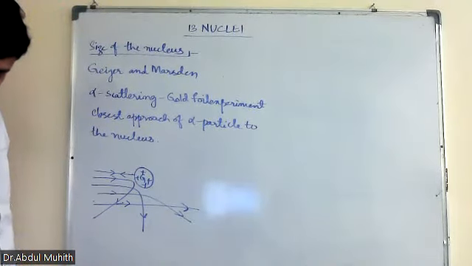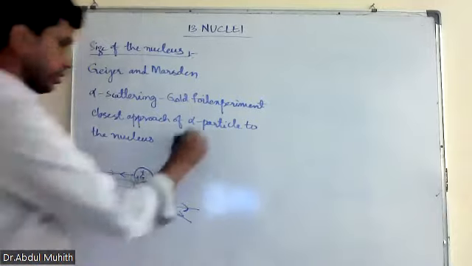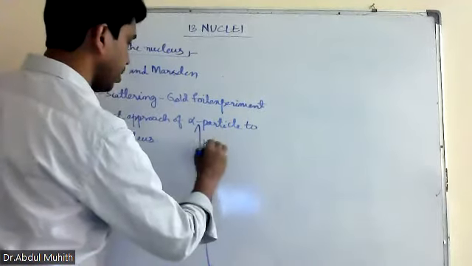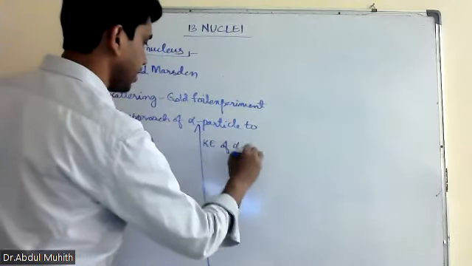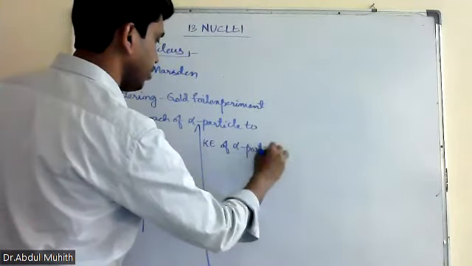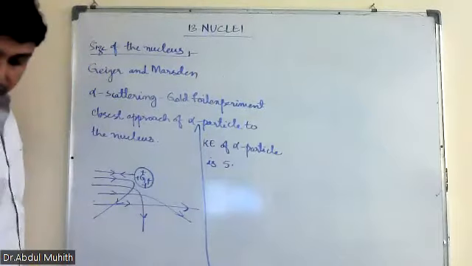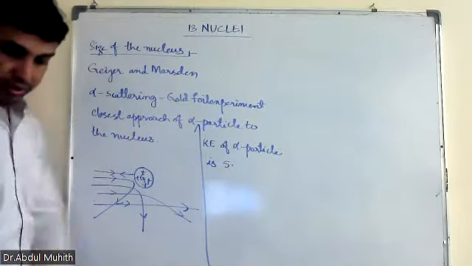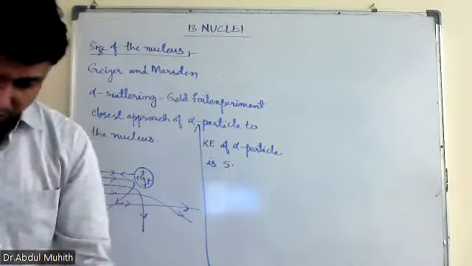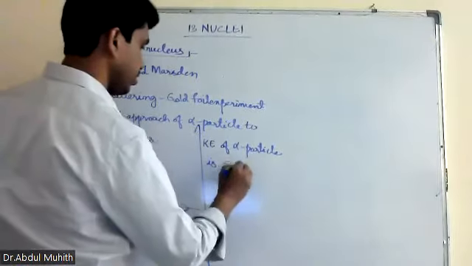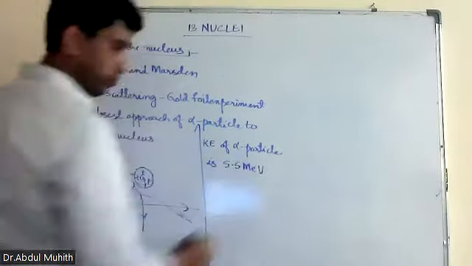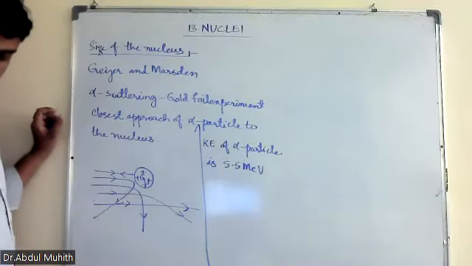With that experiment, they found that if the kinetic energy of the alpha particle is 5.5 million electron volt, MeV, that is about the closest approach.